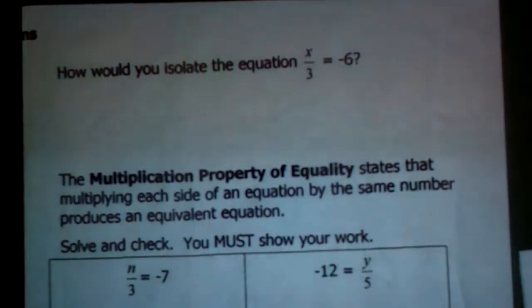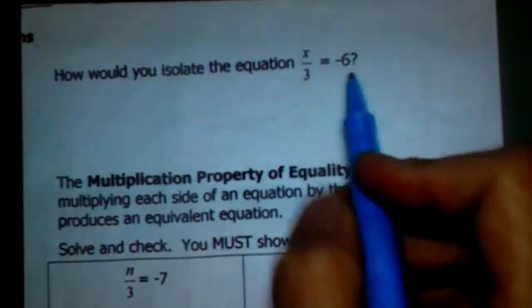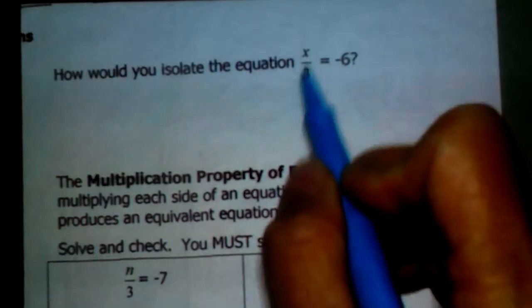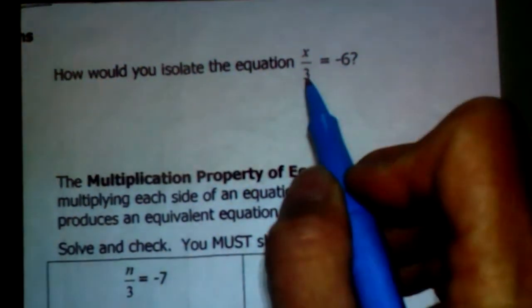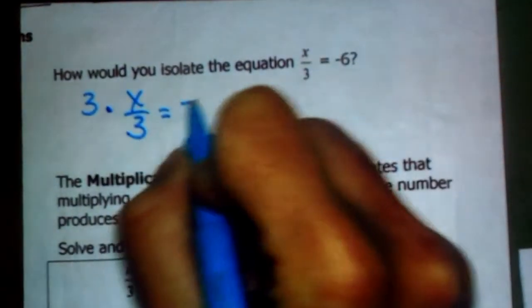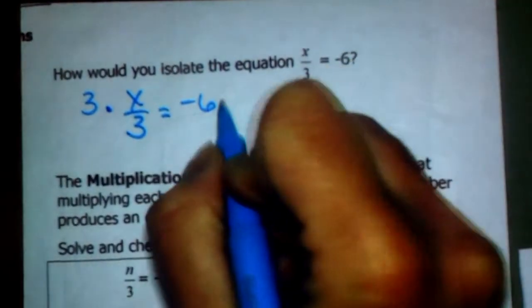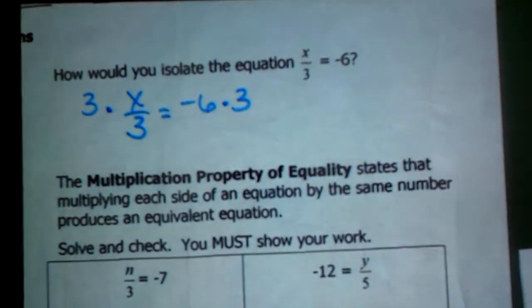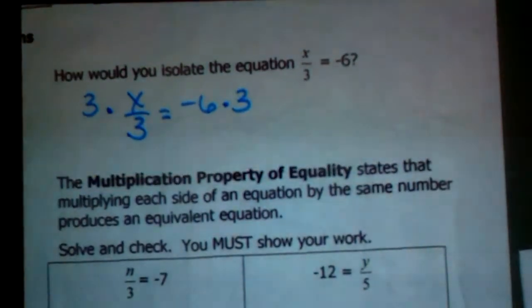And here's why it works. I will show you. You have x divided by 3 equals negative 6. x is being divided by 3. To undo dividing by 3, I can multiply by 3. So I want to take 3 and multiply it by x over 3. And if I multiply that side by 3, I need to multiply this side by 3. Now, you remember our whole cross-canceling conversation.